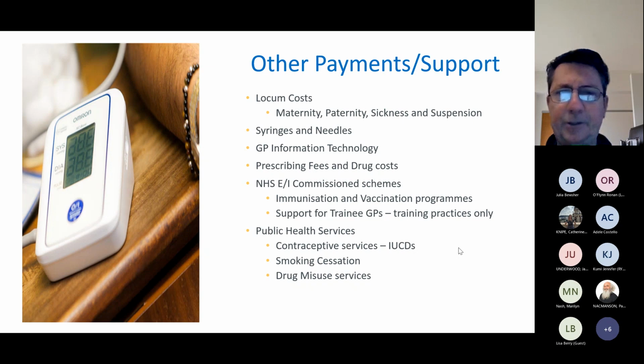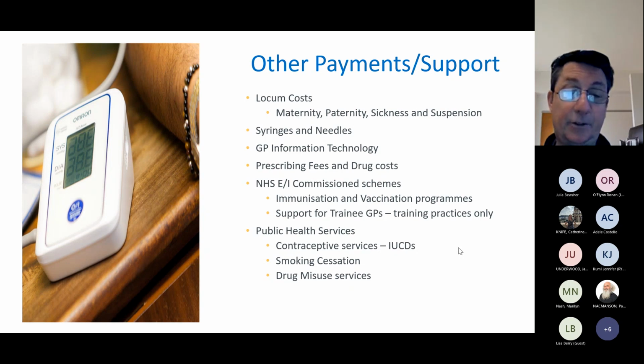Then, like I say, we go into the NHS England commissioned schemes, things like immunisation and vaccination programmes, and support for trainee GPs. There are a number of training practices in the country, so they get additional money similar to training trusts.